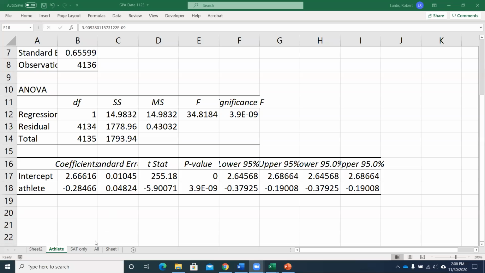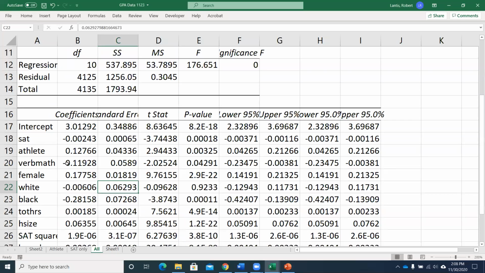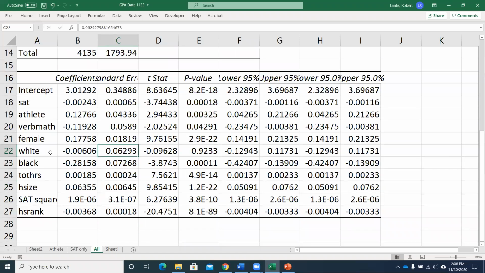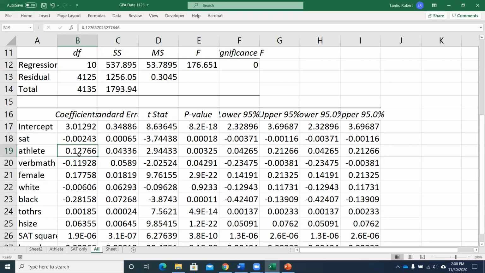We had that. We then said, look, there are a lot of other things that are probably more important when predicting GPA. So we ran the same regression, but we included all these additional control variables. Now when we're interpreting the athlete variable, it's the effect of being an athlete relative to not being one on your GPA.